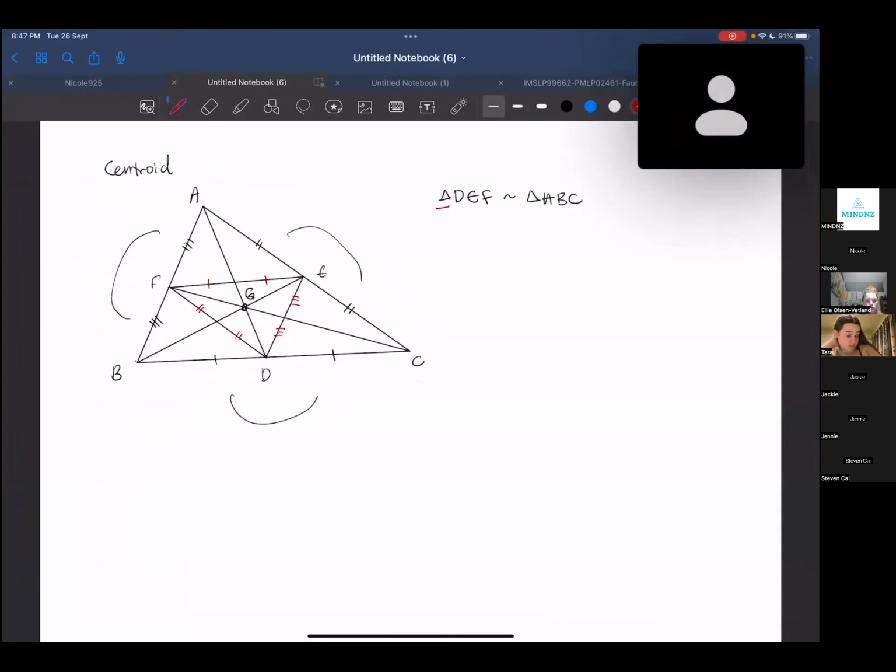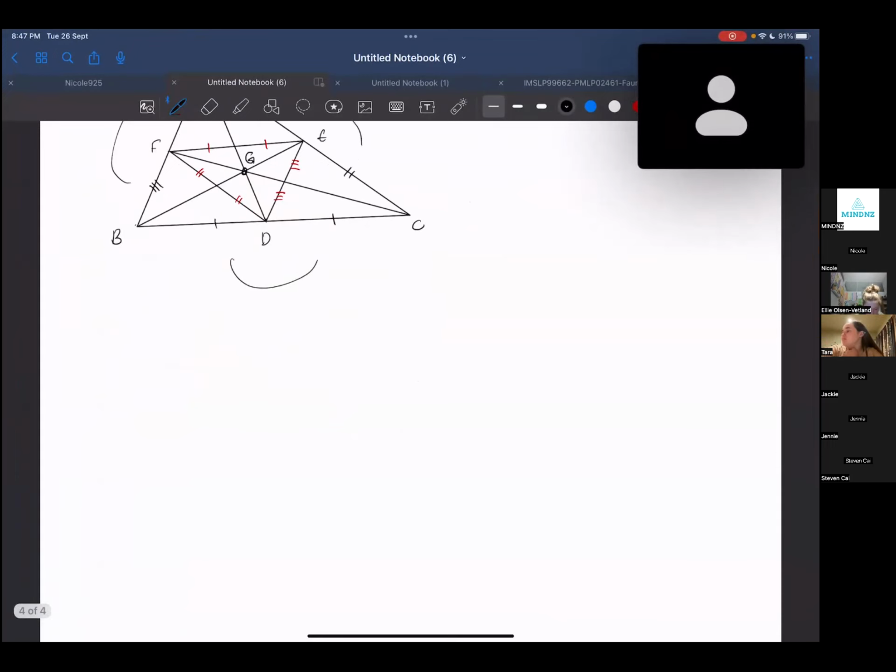And angle bisectors, you need a special kind of way of drawing them. So we have a triangle, A, B, C.